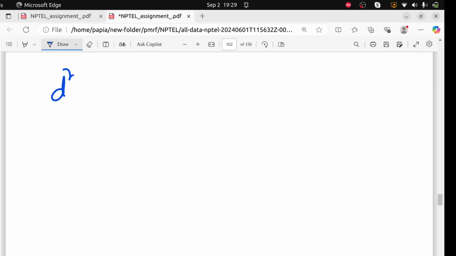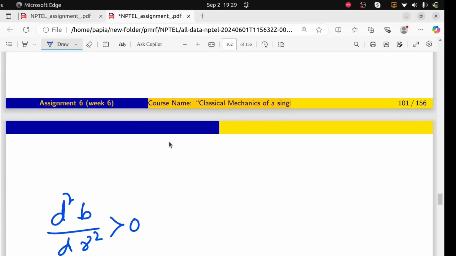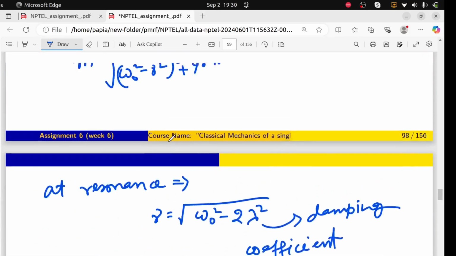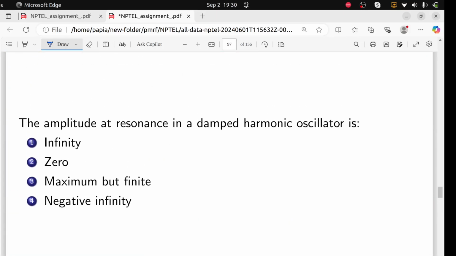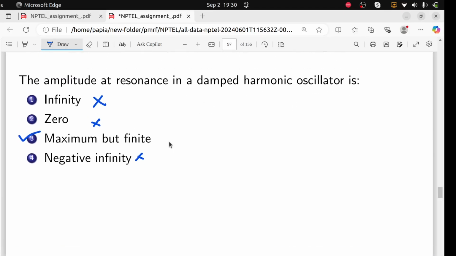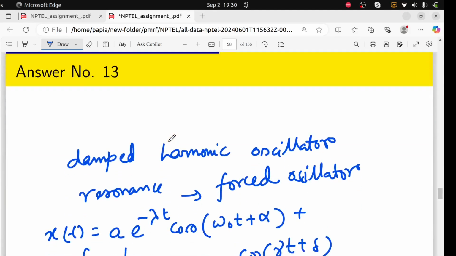Because if I do d2B by d gamma 2, minimum means negative and maximum means it will come as positive. So it will be maximum but finite. It will not be infinite, it will not be zero, and it will not be negative infinite. So the amplitude at resonance in a damped forced harmonic oscillator is maximum but finite.